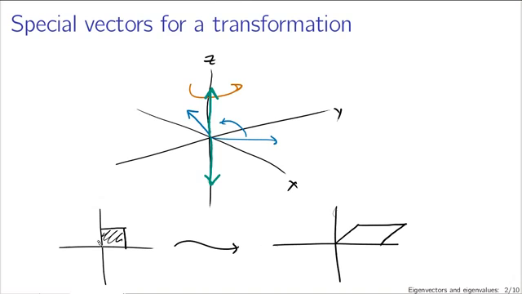It points along the x-axis. It's not going to remain entirely unchanged, but it's going to be extended slightly. It's going to point in the same direction. As opposed to some other vector, which for instance points in this direction, and it's going to be extended and shifted over. So the blue vector here is not unchanged. The orange vector, however, is essentially unchanged. It points in the same direction.